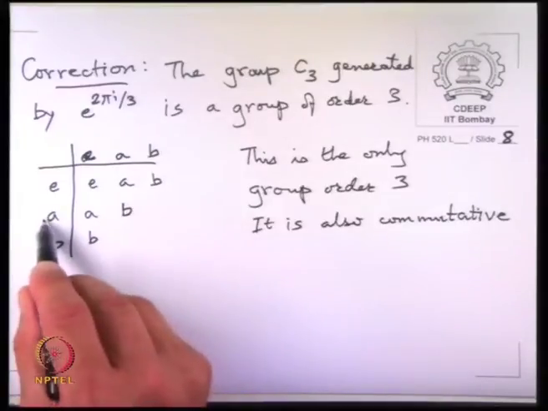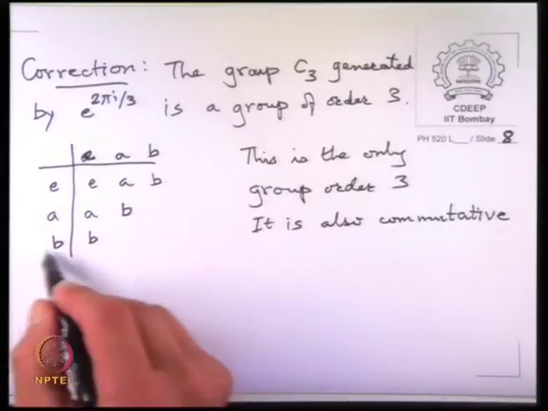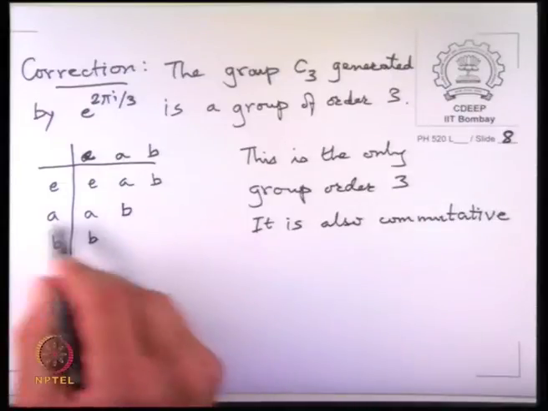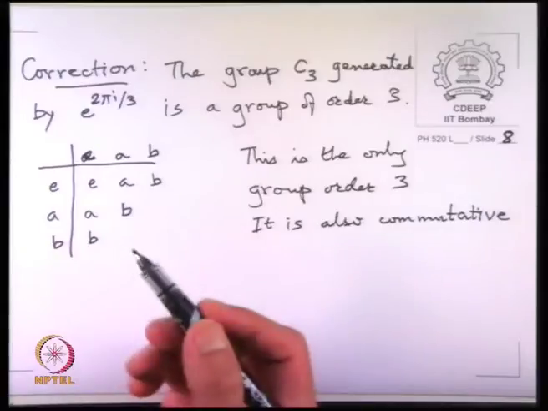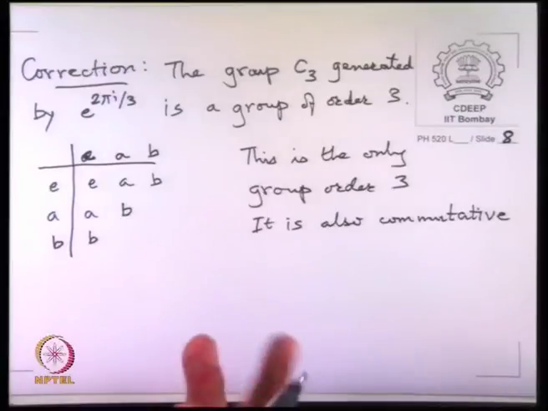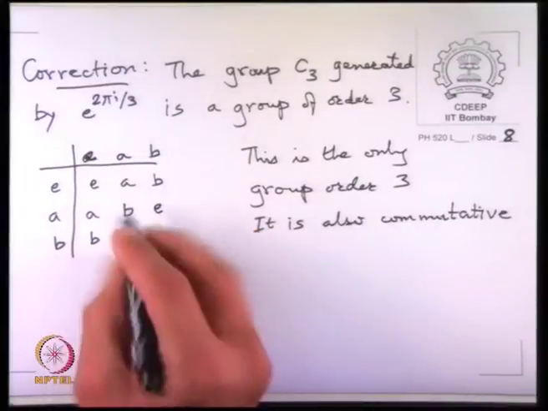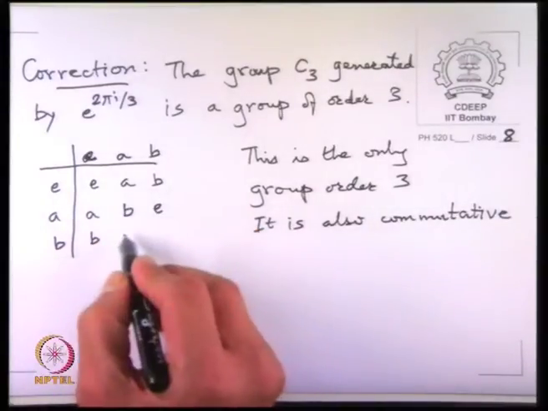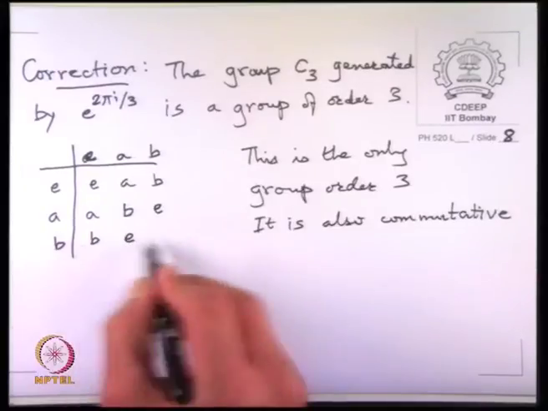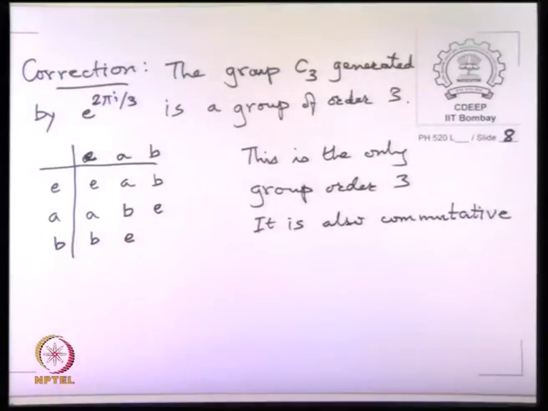If I made A and A also into E, I will be forced to make B and B also into E, and I will not be able to say A into B equal to B. So the uniqueness of multiplication forces that the table is precisely of this form. I can only have this particular configuration that I am writing. So B A will be E, and B squared is equal to A.